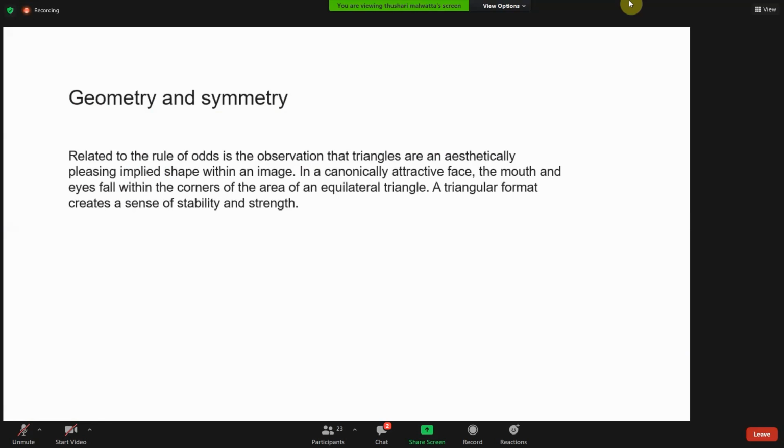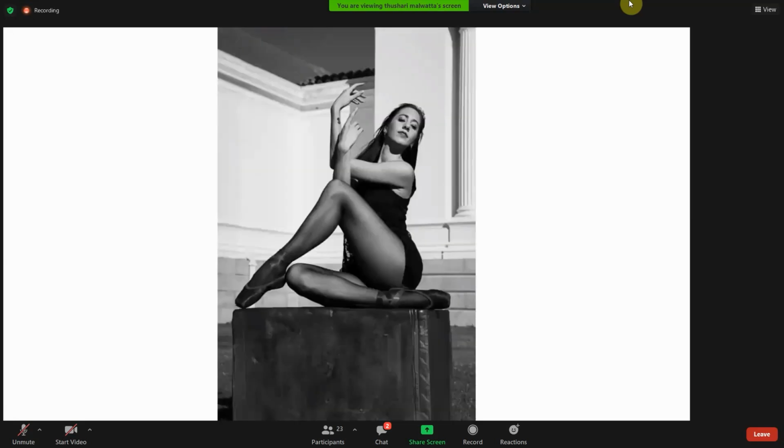And geometry and symmetry, the next composition technique. Related to the rule of odds, it is the observation that triangles are aesthetically pleasing, implied shapes within an image. Can you see a triangle here in the composition?